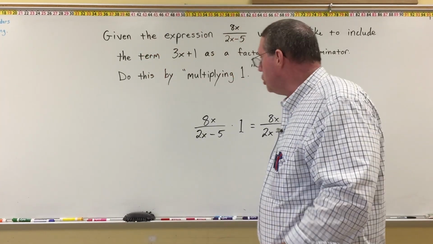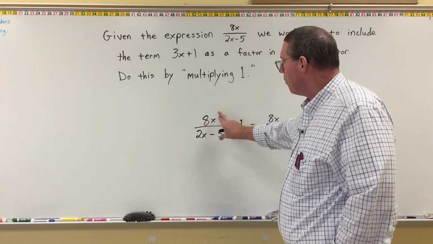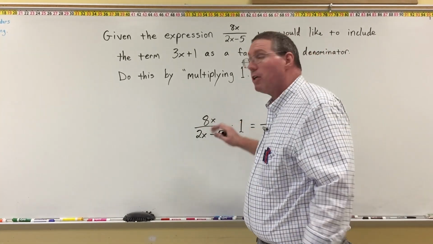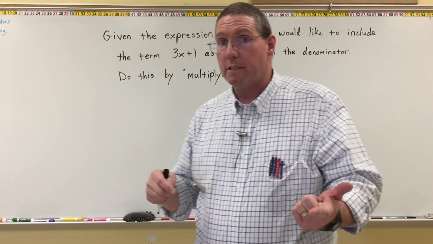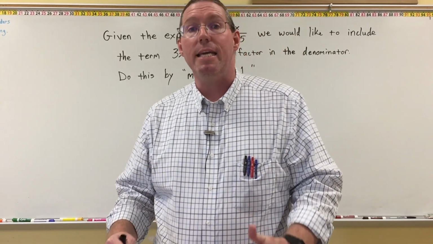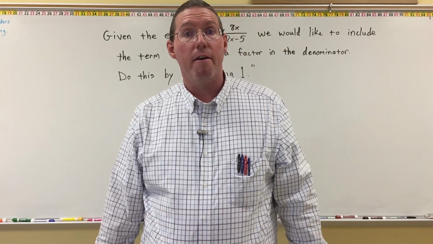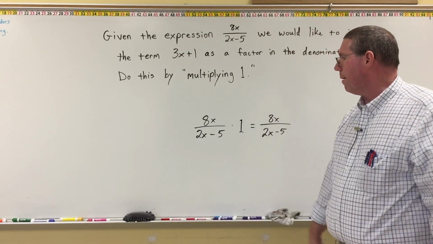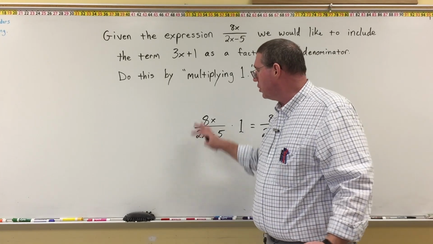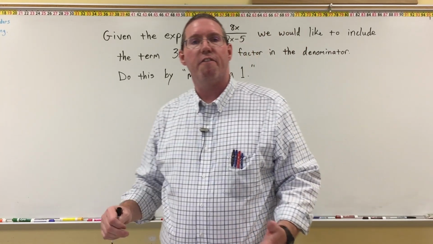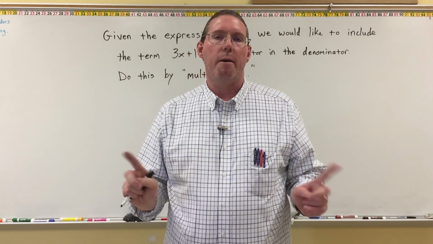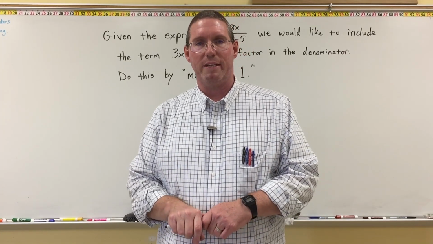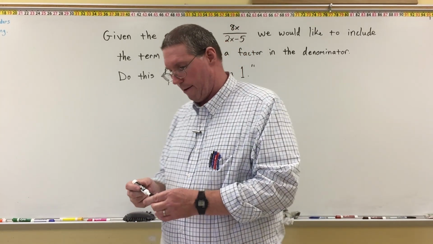Well, it might change the appearance of our expression. So our expression will look different, but it won't be different. It'll have the same value. Now, I'm actually lying to you because when we do what we're about to do here, we are going to change this expression in a fundamental way, but it's not going to matter for what we're doing today. So don't you worry about that, okay?